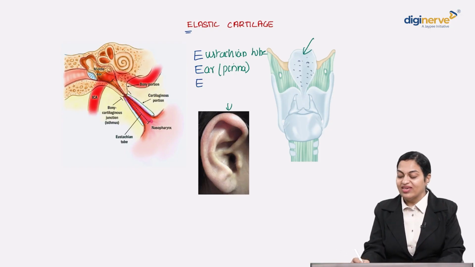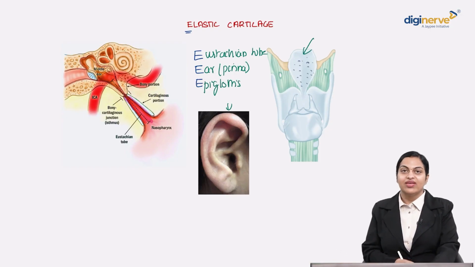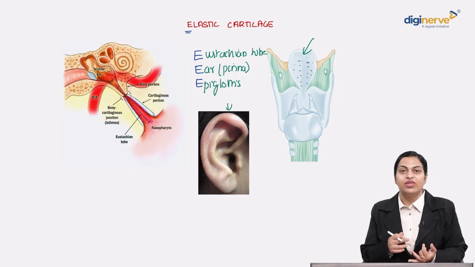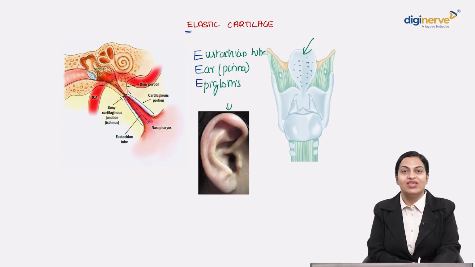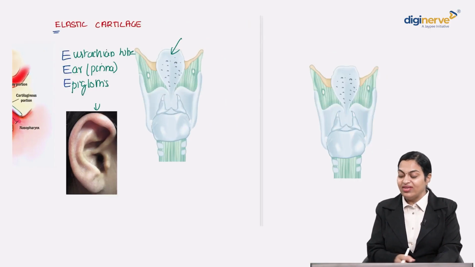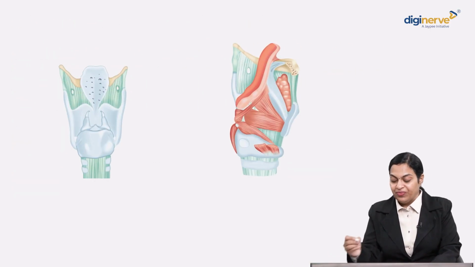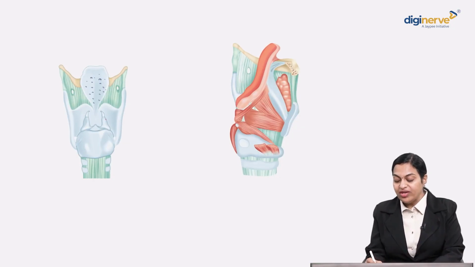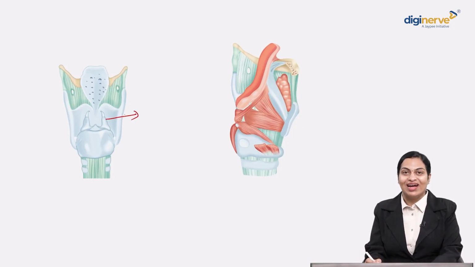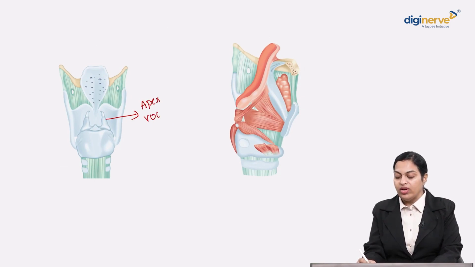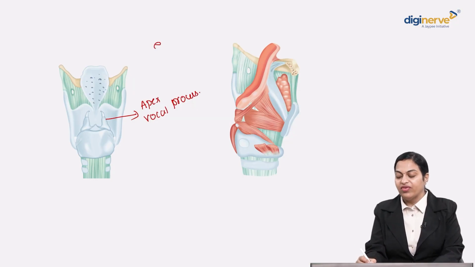This cartilage here is the epiglottis, right? So the elastic cartilage is found over the eustachian tube, the epiglottis and the pinna of the ear. Apart from that, I told you most of the arytenoid is made up of hyaline cartilage. The apex and the vocal process of the arytenoid are made up of elastic cartilage.